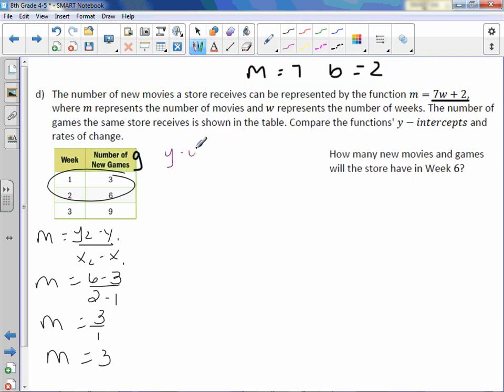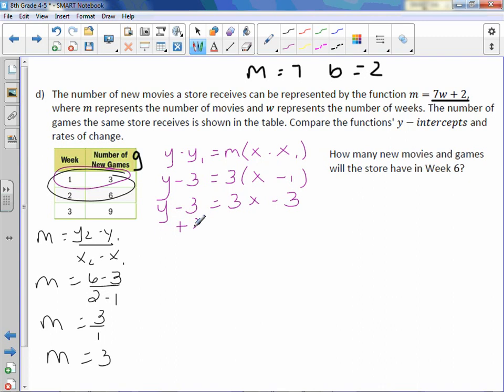Y minus y1 equals m times x minus x1. We'll use the first point. Y minus 3 equals, our slope is also 3, times x minus 1. Distribute. Y minus 3 equals 3x minus 3. Get y by itself. Add 3 to both sides.